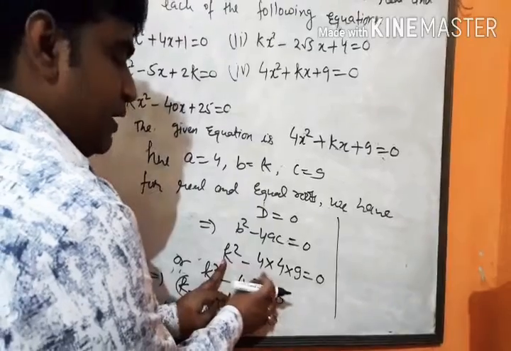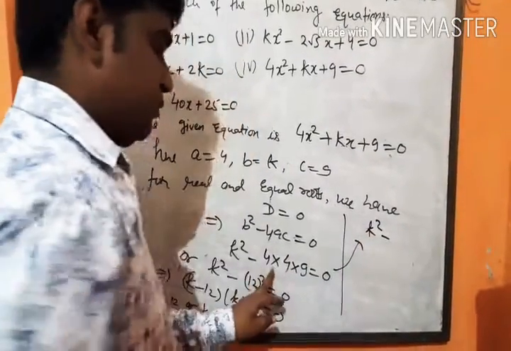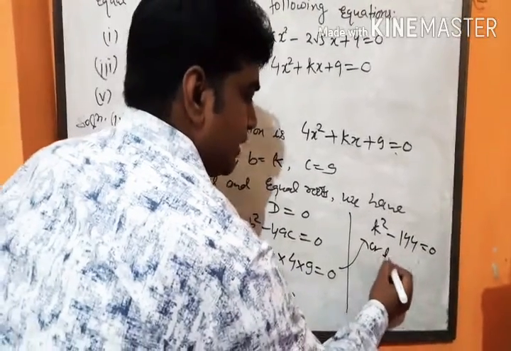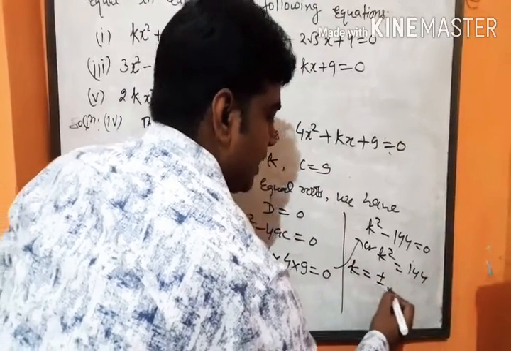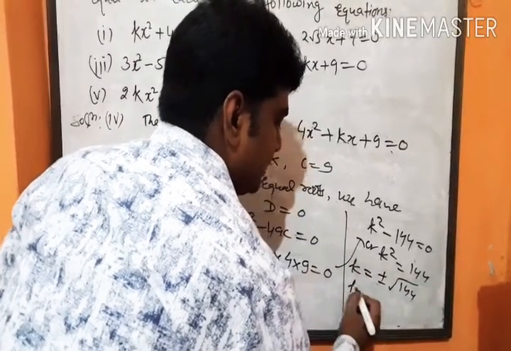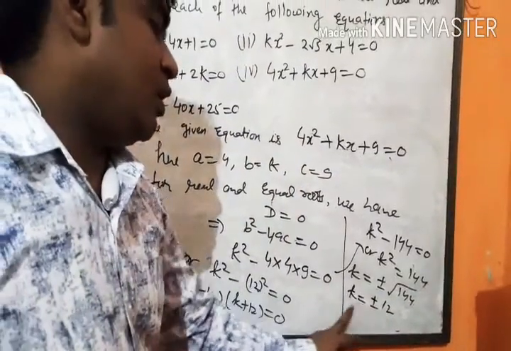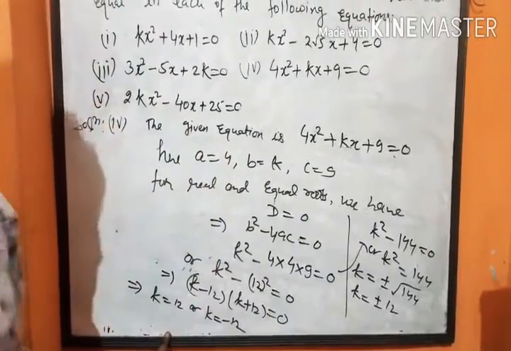Suppose k square minus 4 into 4 into 9, we may write k square minus 144 is equal to 0, or k square is equal to 144, or k is equal to plus minus under root 144. So it gives k is equal to plus minus 12. So the value of k is 12 or k is equal to minus 12. You can follow this procedure or that procedure.